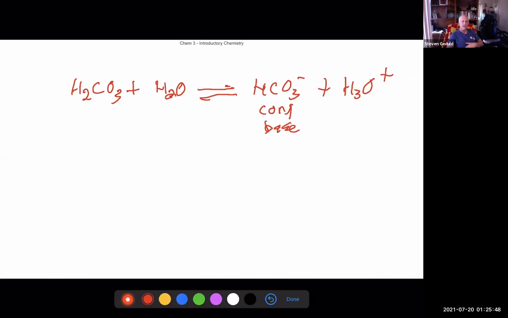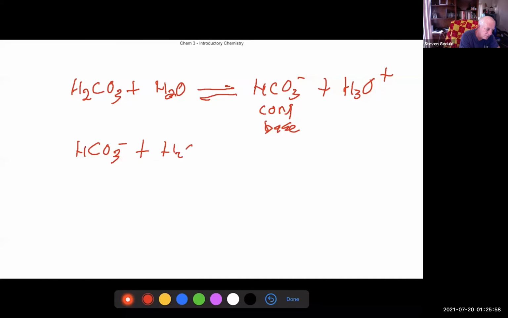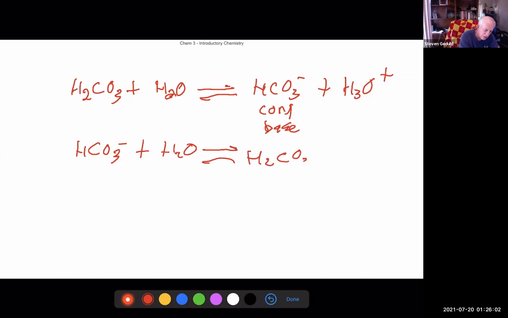So if you want to write another reaction, you could say HCO3 minus, which is your conjugate base, plus H2O goes back to H2CO3 plus OH minus. You just wrote the reaction backwards, which is the same thing. So now this is your base because it's accepting a proton. This is your acid because it's donating a proton, H3O plus.